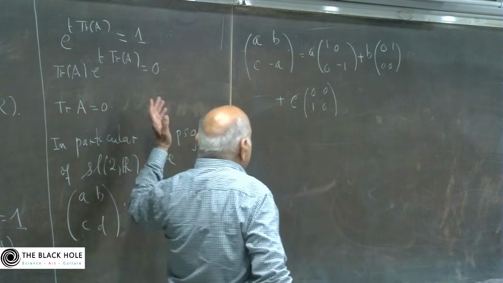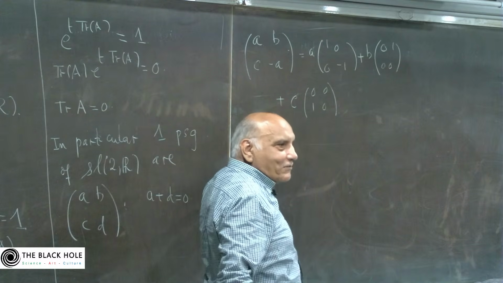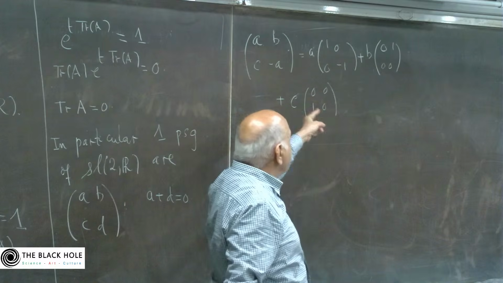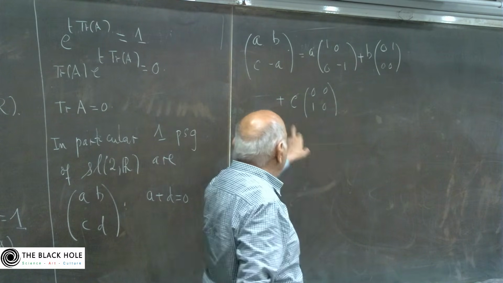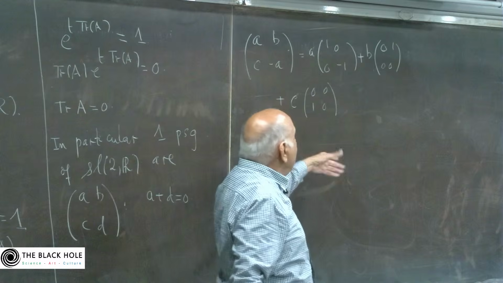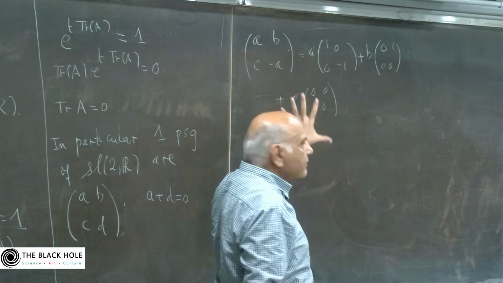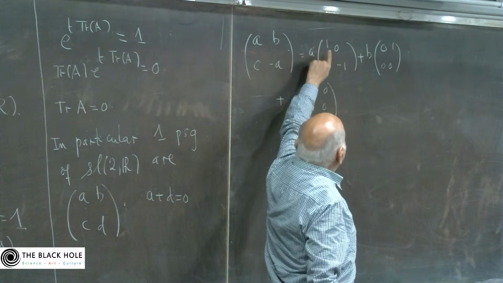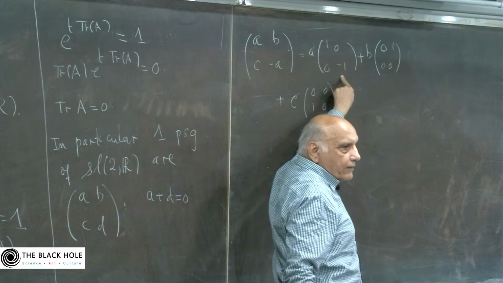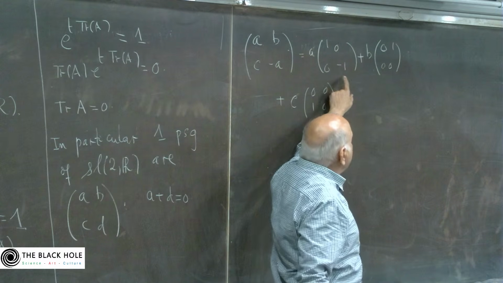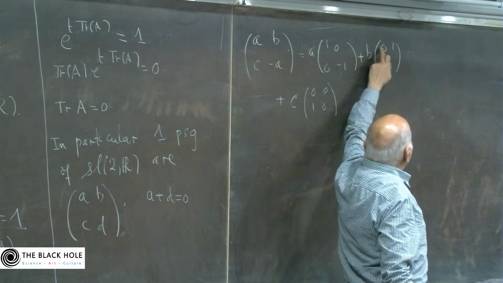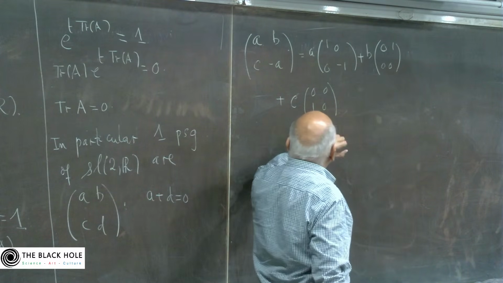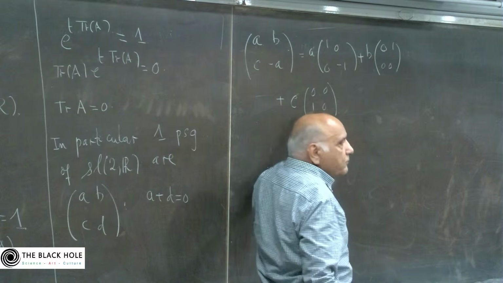So this will always form a vector space, right? What is the basis of this vector space? (1, 0, 0, minus 1), (0, 1, 0, 0) and (0, 0, 1, 0). These are the fundamental generators. The exponential of the first would be e to the t, e to the minus t; for the second, (1, t, 0, 1); and the third will be (1, 0, t, 1).